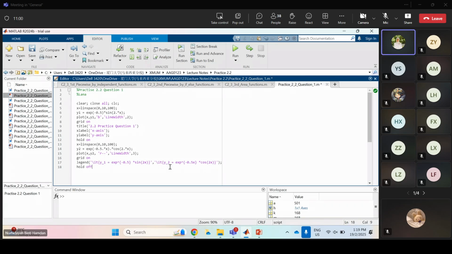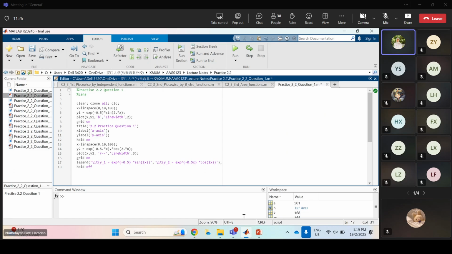Why do I use hold on? Because we have to overlap another graph, which is the same one, negative 0.5 times x times cosine 2 times x. Then we have to use red dash line, so red dash line is r dash dash, line width is 3. After that, we use legend.